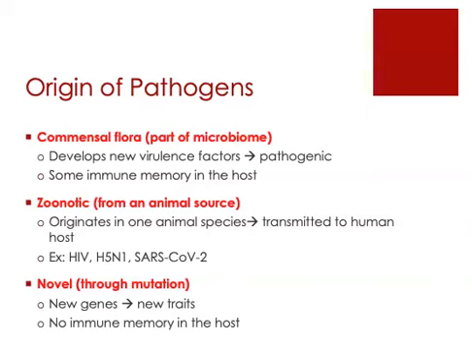The biggest problem with a novel pathogen is that because it has this new genetic material, because it has new genes inside of it and new traits from those genes, it enters the body as a brand new microbe. In other words, there is no immune memory to that organism.